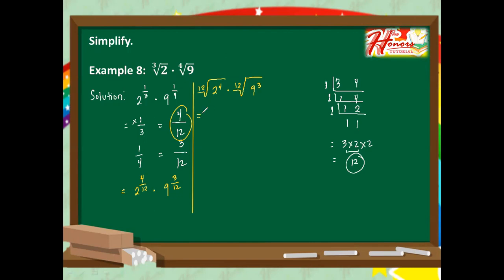And then we will simplify. So 2 raised to 4. So what is 2 raised to 4? So that is 16. So we have here 12 and then this is 16.